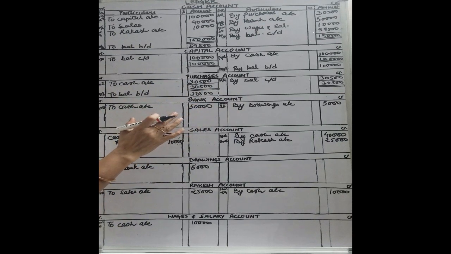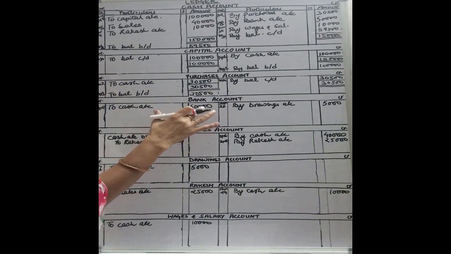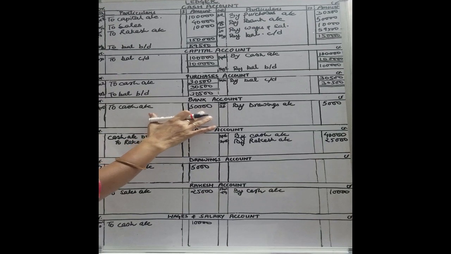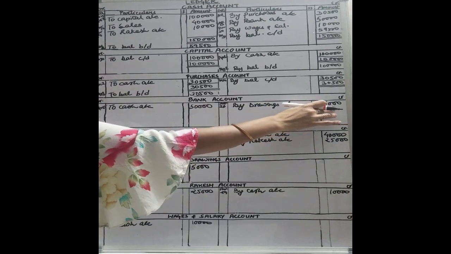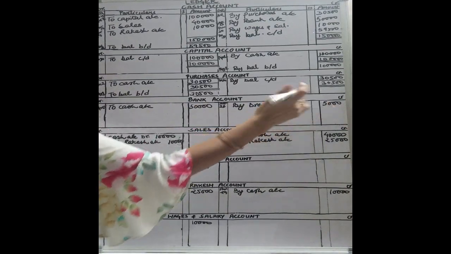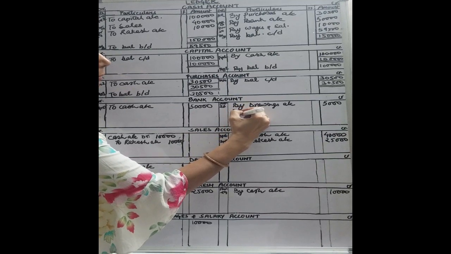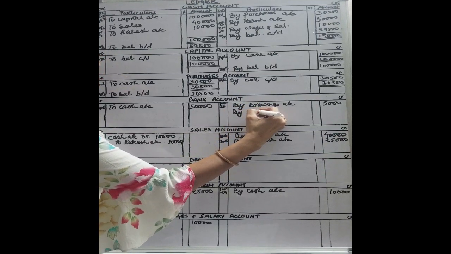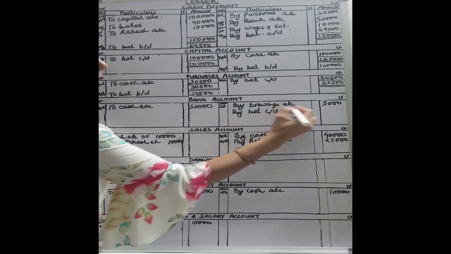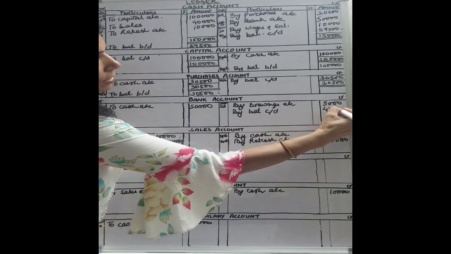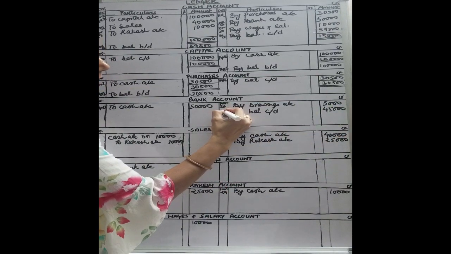Now let's see the bank account. The bank account has 50,000 here on the debit side and 5,000 here on the credit side. Which means that the balancing figure will be added to the credit side. So let's add 45,000 here on the credit side on April 30th.